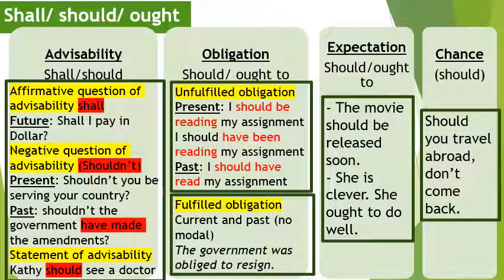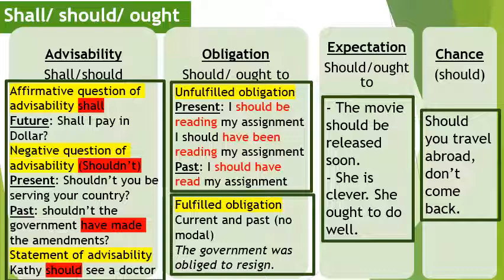Fulfilled obligation, whether it's at the present time or in the past time, you don't need to use any modal verb. You just use was obliged to. Okay, just like was able to or was permitted to, we are using was obliged to for fulfilled obligations. So it's only unfulfilled obligations that you use the modal verbs with.